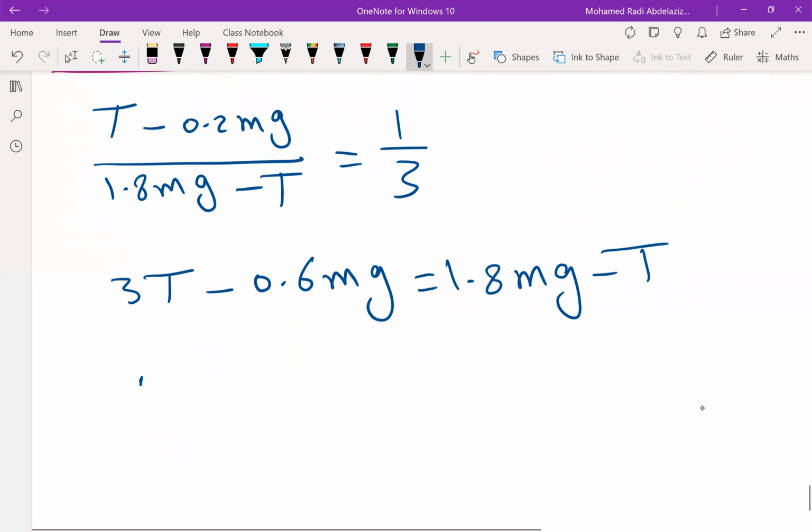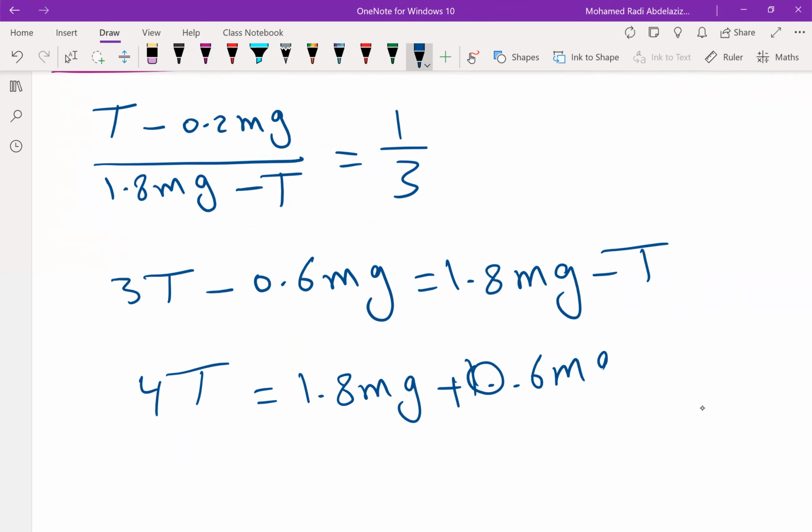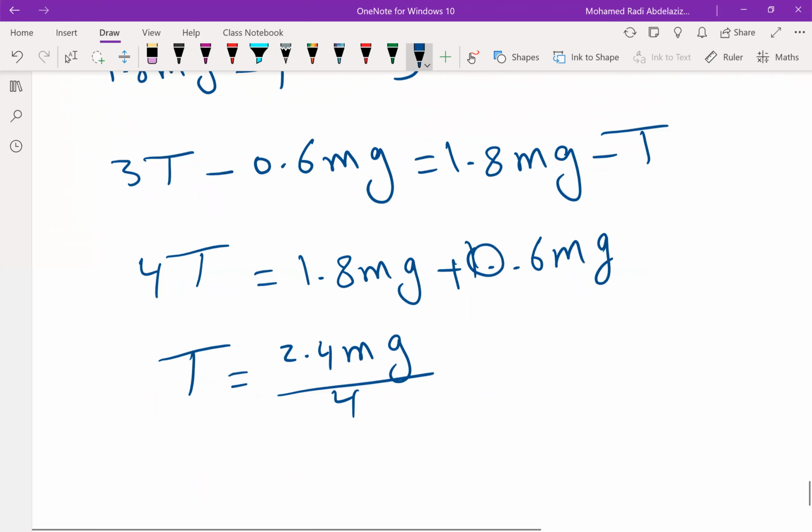Collecting T in one term will be 4T is equal to 1.8 mg plus 0.6 mg. Simplify to get T. 1.8 plus 0.6, so the answer is 2.4 mg, then divided by 4, so the answer is 3/5.